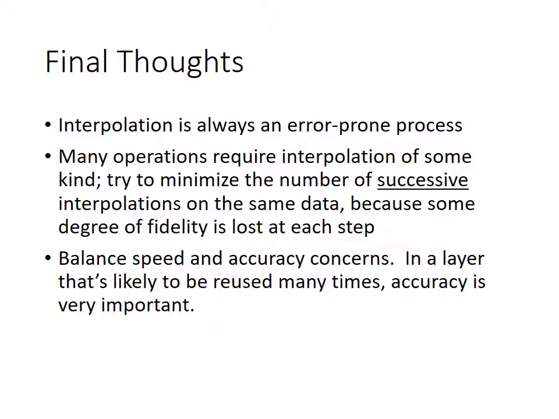Anytime you do an interpolation, and this is getting to the second point, what you want to try to do is minimize the number of successive interpolations on the same data. So if you downloaded your data and it's in latitude and longitude and you convert it to UTM, that's great. If you then decide, oh, I would actually have preferred this to be in the state plane coordinate system, you're better to go back to your original data and go from WGS 84 latitude longitude to state plane than you are to go from the one to the next to the next.